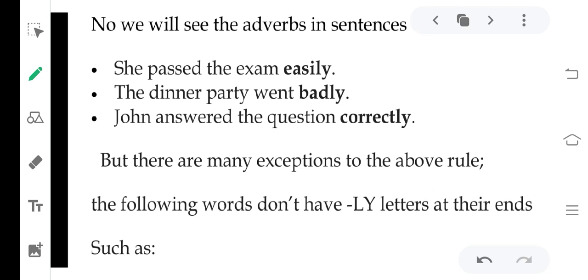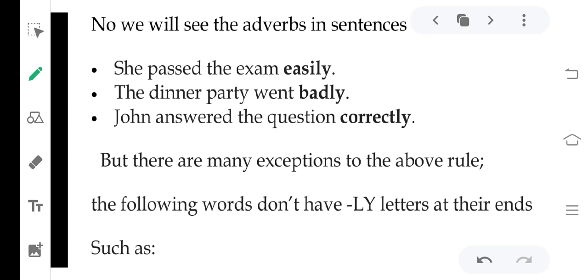So we have used these adverbs at the end of the sentences. But there are many exceptions to the above rule. That means not all adverbs take ly at the end of them.